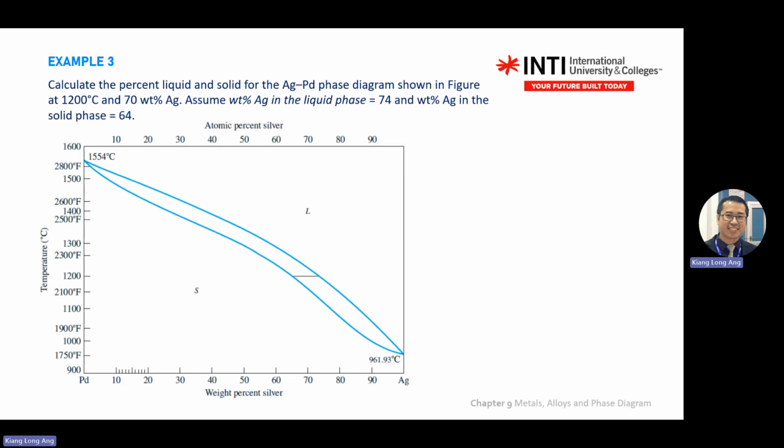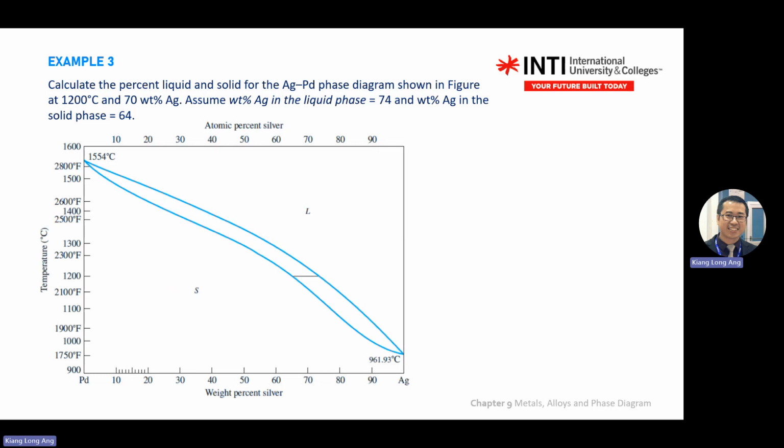This one is reversed. It tells you assume Ag in liquid phase has 74%, and solid phase is 64%. It means you drop this one down. This one is 64. This one is 74.